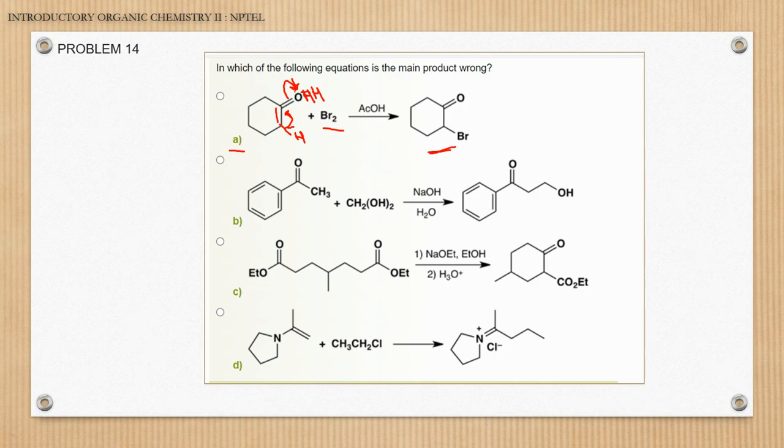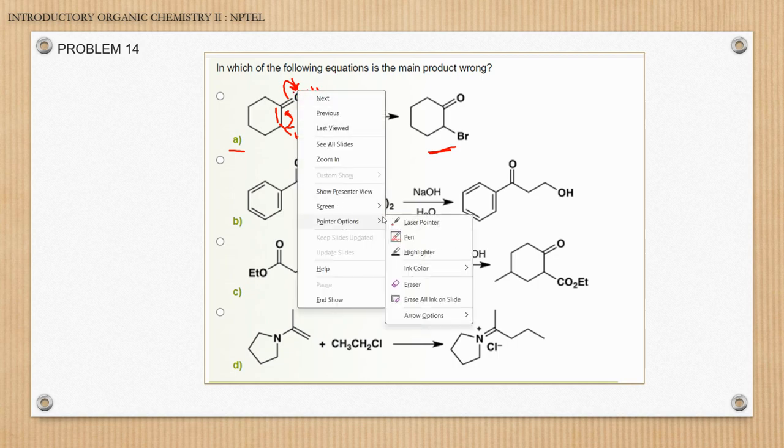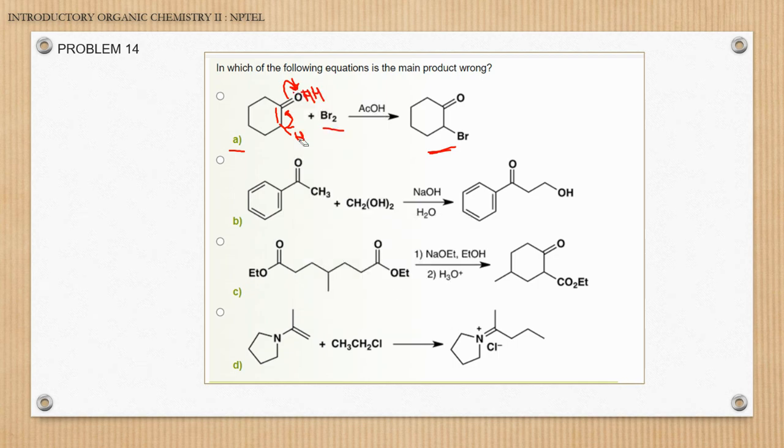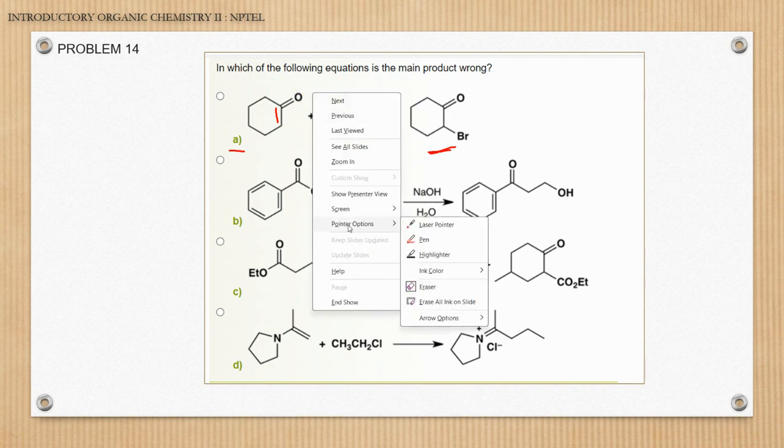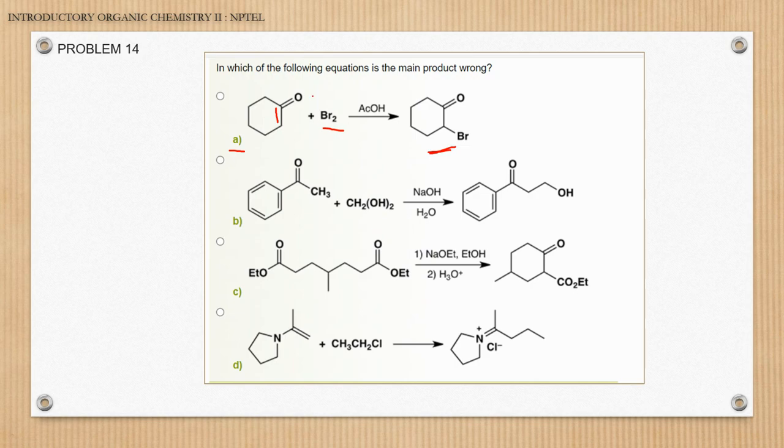So after formation of OH with the internal double bond, now what will happen? Your oxygen has a lone pair of electrons. Now this C-O bond is a single bond, right? So you have a lone pair of electrons on it.